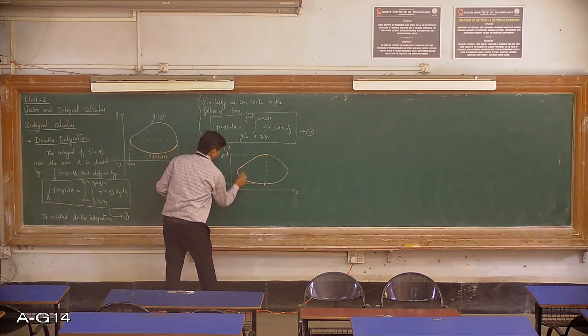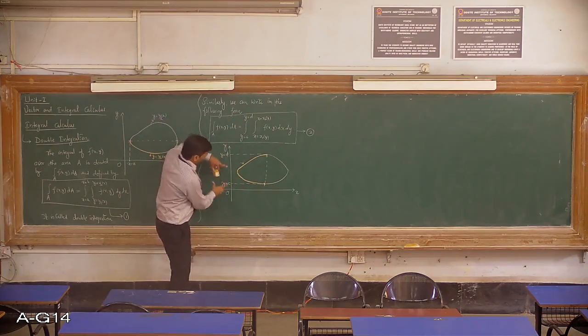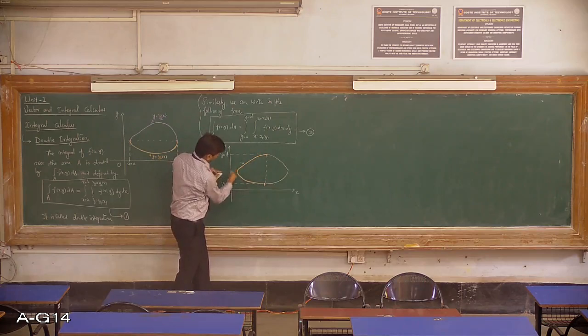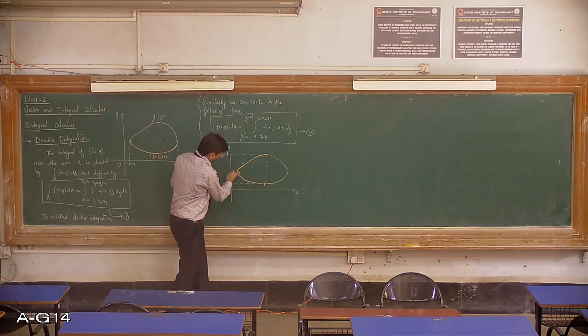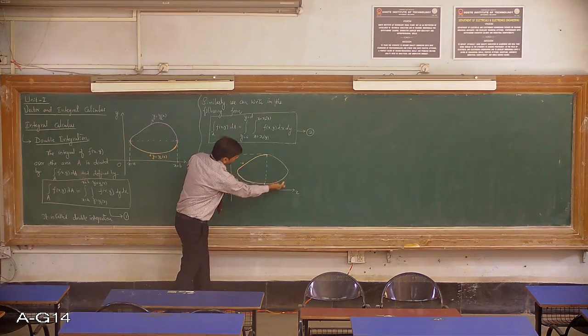Along the x axis, this is the lower curve and this is the higher curve. That means this curve is for the least value of x, and this curve is for the highest value of x.